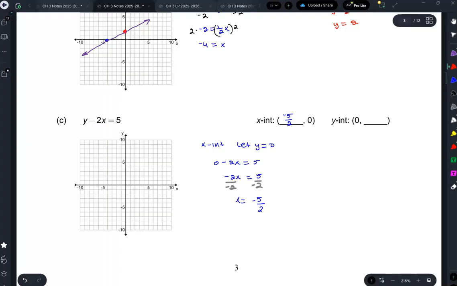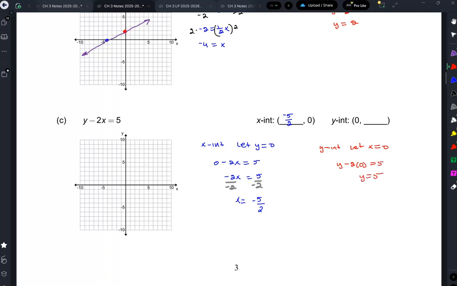Okay, y-intercept. Let x equals 0. So y minus 2 times 0 equals 5. Y equals 5. Okay, so where's y equals 5? And then x equals negative 5 over 2. Now that's the same as negative 2.5, right? So there we go, right there. You go in between the lines. That's okay. And then graph with a ruler. Okay.